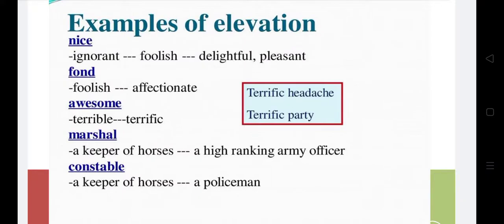Nice. Once in Old English, nice was used for ignorant, foolish, but its meaning has been upgraded and is now used in a positive sense: delightful, pleasant. And awesome: the old meaning was terrible, but after elevation or amelioration it is now used for terrific.